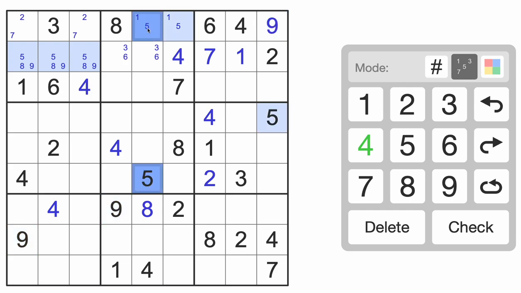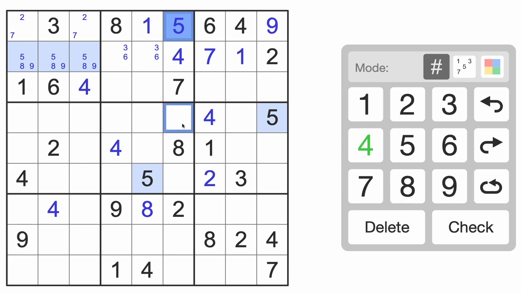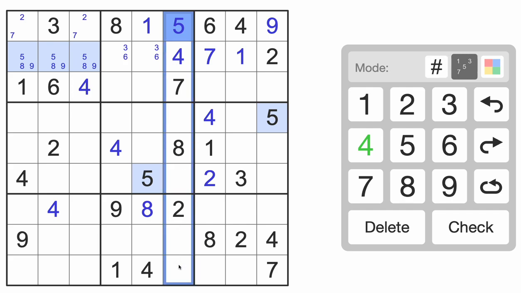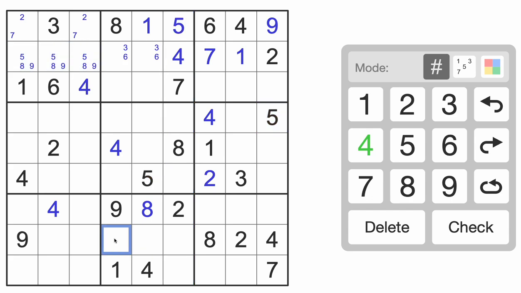And this 5 gives me 1 here. And this will be 5. And that lets me place 5 in box 8. Because of these 5s, 5 will be here. And that lets me place 7 in box 8. This 7 blocks these.